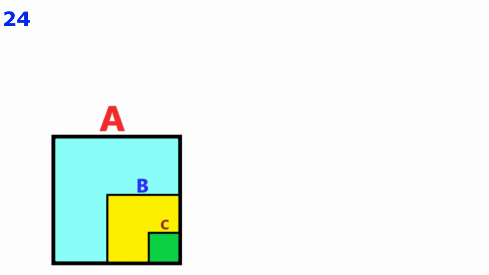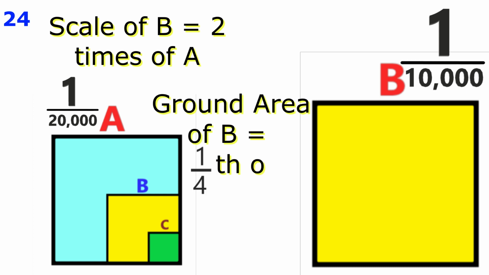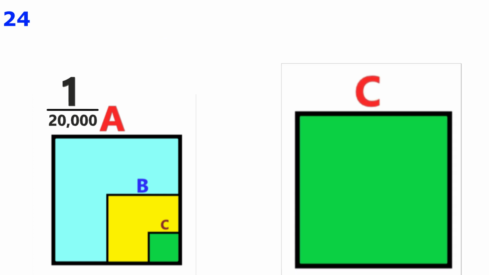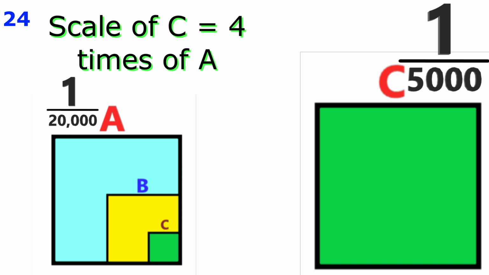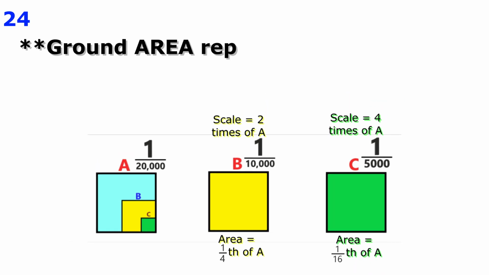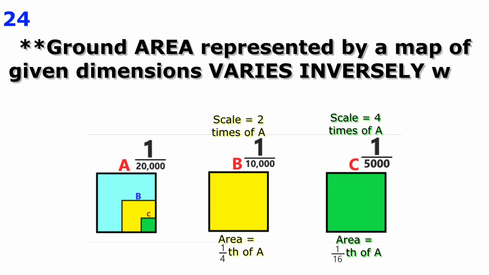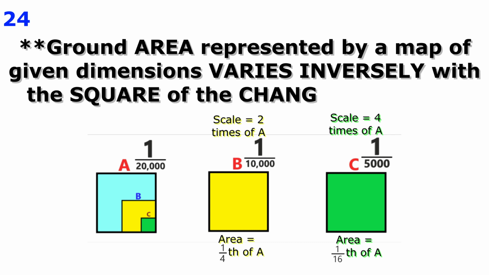Map B is on twice the scale of map A but shows a ground area only 1/4 as great. Map C is on 4 times as large a scale as Map A, yet it covers a ground area only 1/16th as much. Thus, the ground area that is represented by a map of given dimensions varies inversely with the square of the change in scale.